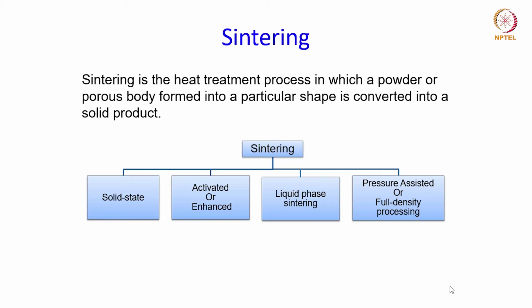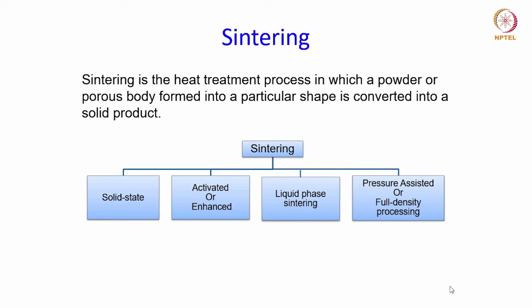During this heating process, the densification occurs, and at the end of the heat treatment cycle, or the sintering process, a fully dense solid product is obtained. That is what is called the sintering process.